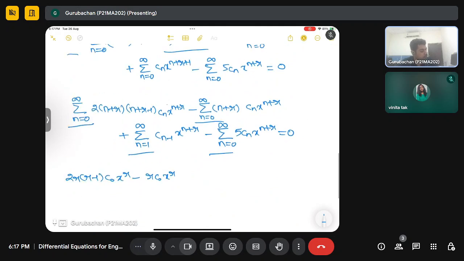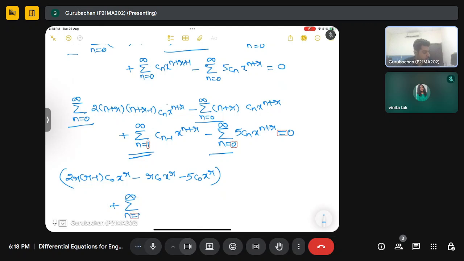Next, for n equal to 1 we don't need to consider this one. Next is minus 5 c_0 x to the power r. So this is the corresponding term for n equal to 0.